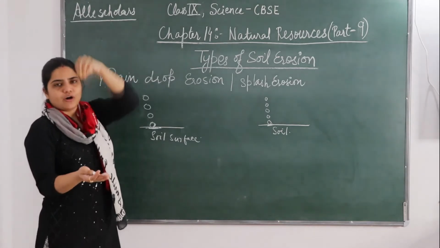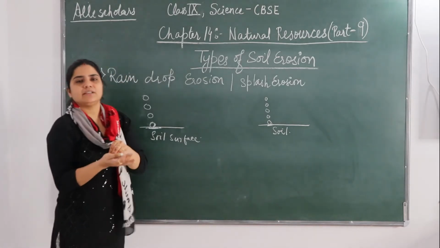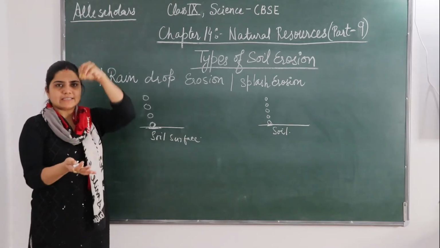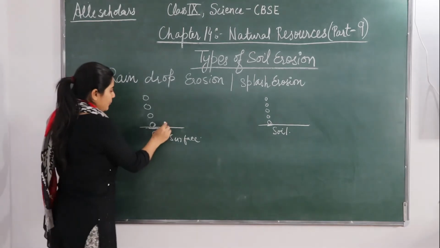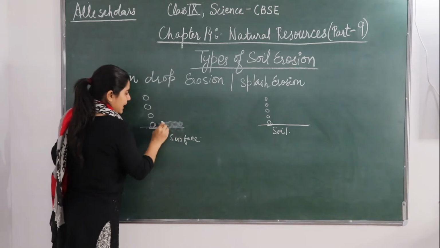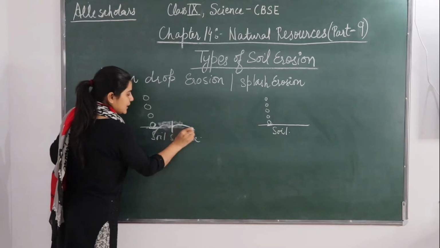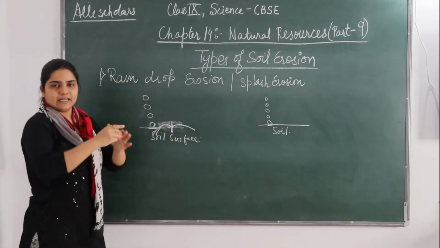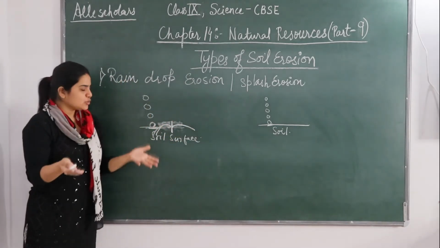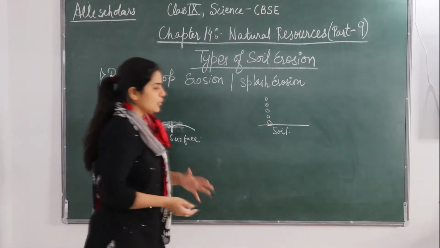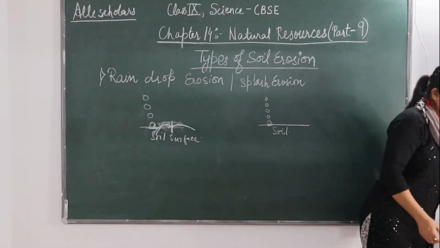Bomb की तरह, और वो soil surface पे आके धड़ाम से गिर जा रहा है. It's acting like a bomb. और जब वो ऐसे गिरेगा, तो जो mud है, जो soil है यहाँ पे, उनको हटा देगा. Raindrop यहाँ आ रहा है, soils को displace करेगा. It is displacing the soil and it is destroying the soil structure. Okay?